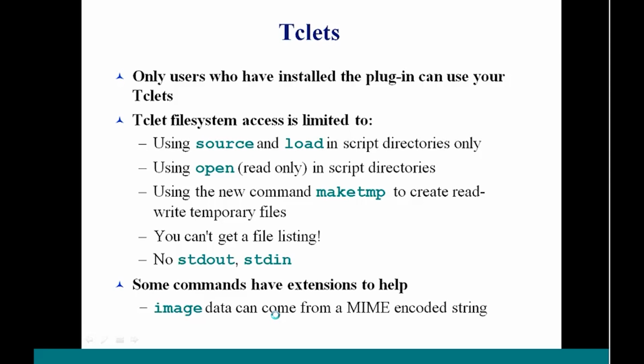So that's the bottom line, so you can use only these kinds of things. And then you cannot get a file listing, and there is no standard in. Some commands have extensions to help, for example, the image data can come from a MIME encoded string.